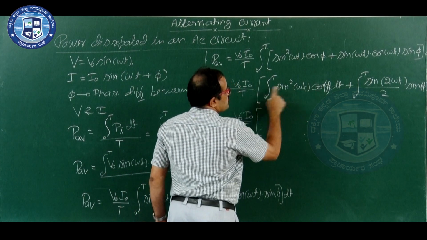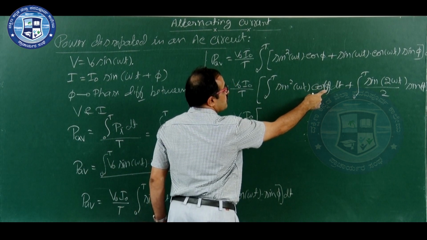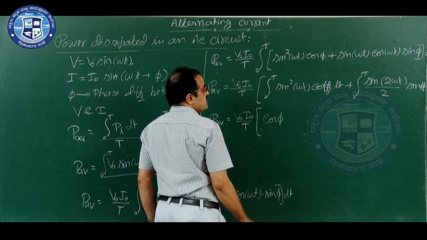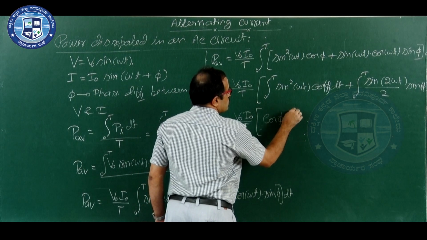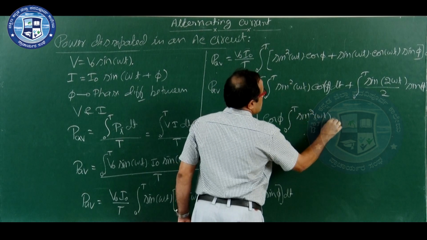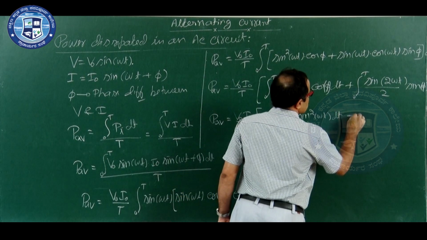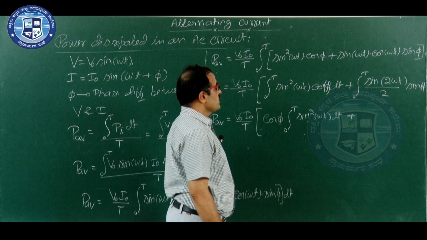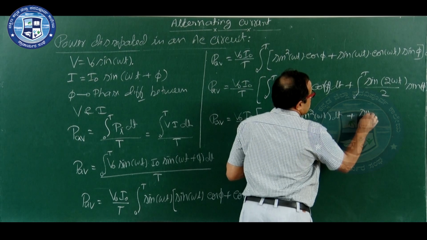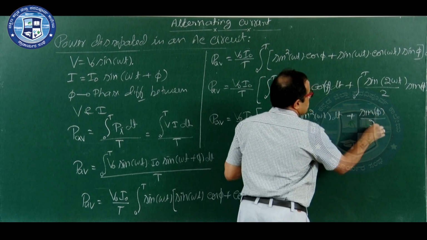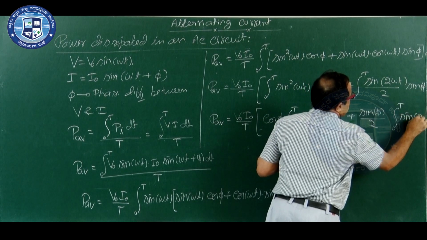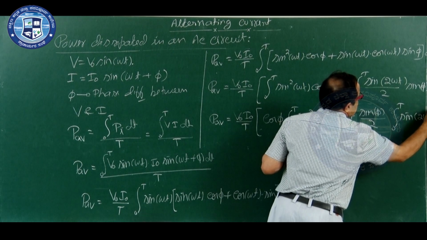Here cos phi is a constant, it is cosine of the phase difference between current and voltage, it is a constant value, take it outside, cos phi, then it is 0 to T sin square omega t dt plus, here sin phi is a constant and 2 is a constant, take them outside, sin phi by 2, it is integration 0 to T sin 2 omega t dt.